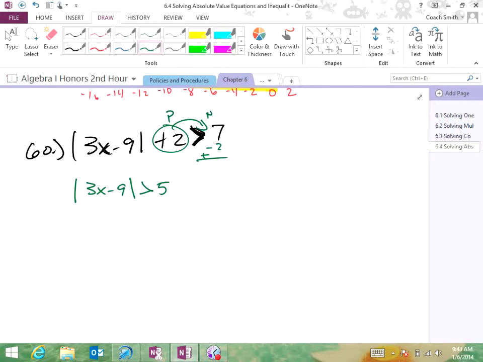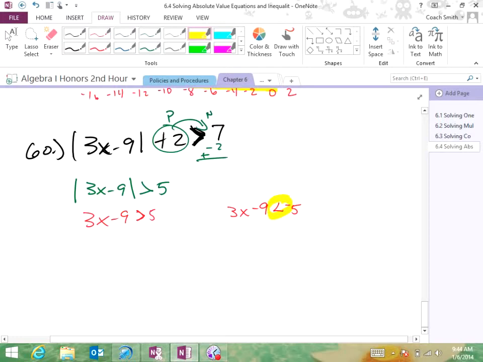Now, we have 3x minus 9 is greater than 5. And then we have 3x minus 9 is less than 5. Negative 5, excuse me. Less than negative 5. Okay? The key is to make sure that you do both of those things.